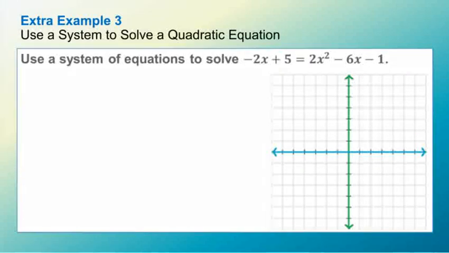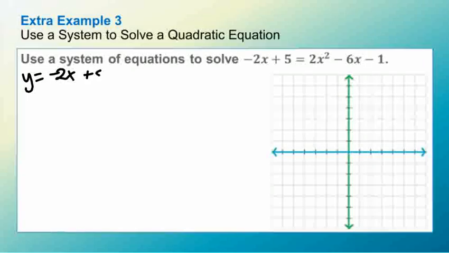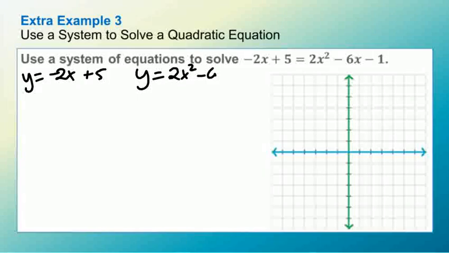Moving on to our next example, use a system to solve this one. So we have y equals negative 2x plus 5 and y equals 2x squared minus 6x minus 1. Again, I'm going to solve by substitution, so I'm going to add 2x and minus 5.